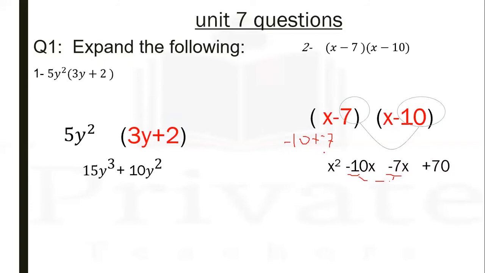So it is negative 10 plus negative 7, which will be negative 17x. Yes, negative 10 plus negative 7 is negative 17x, and the x to the power of 2 and the 70 will be written as they are. So the first part of the unit has finished.